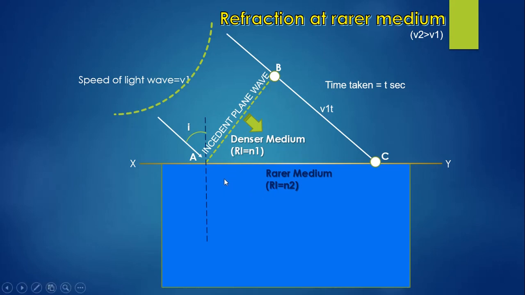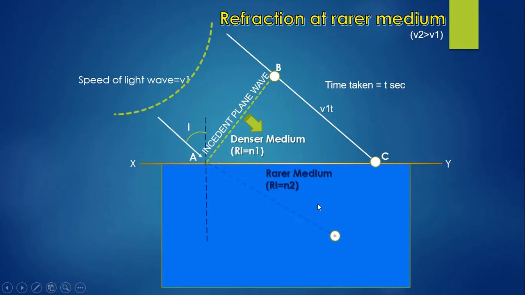Because of this, it is going to cover a larger distance compared to the distance BC traveled in the denser medium in the same time t seconds. It is going to cover a larger distance in the rarer medium because its speed is more in the rarer medium. The speed of the incident plane wave increases once it enters into the rarer medium.